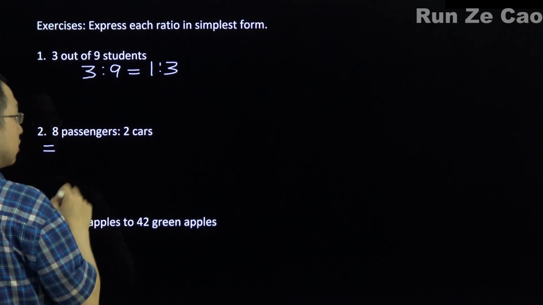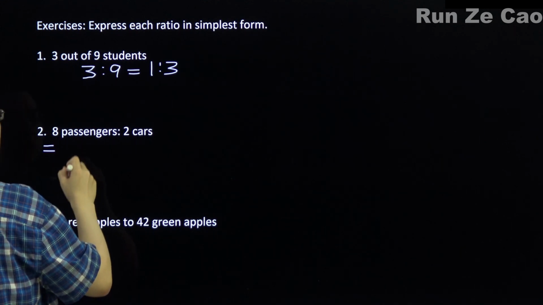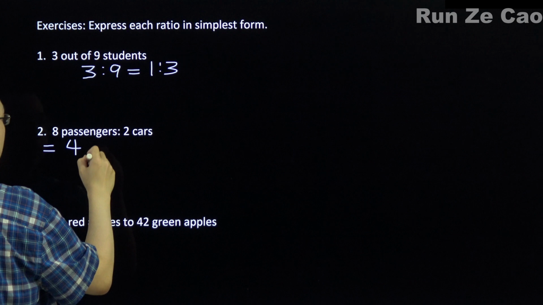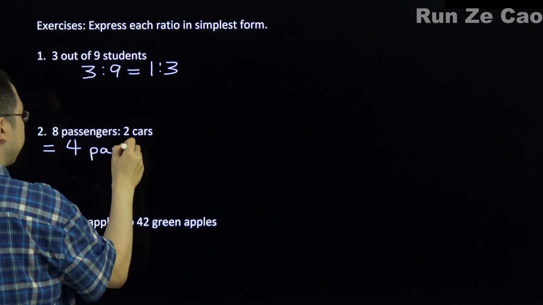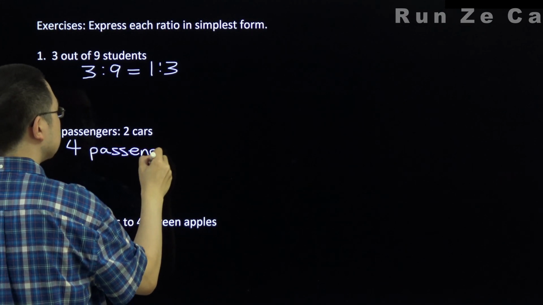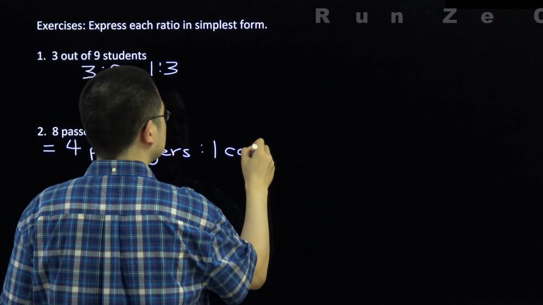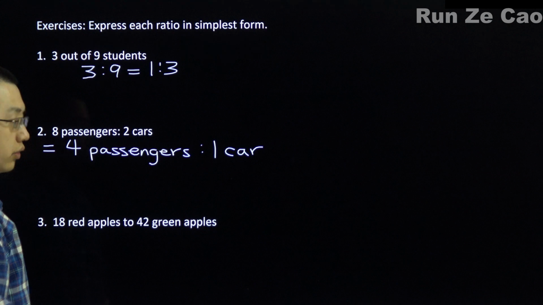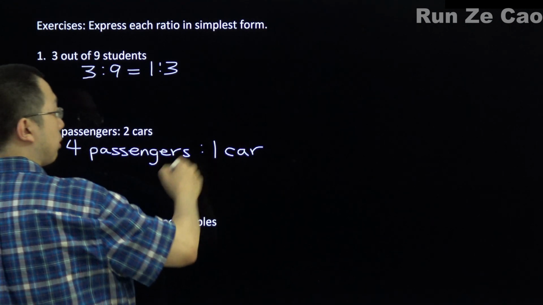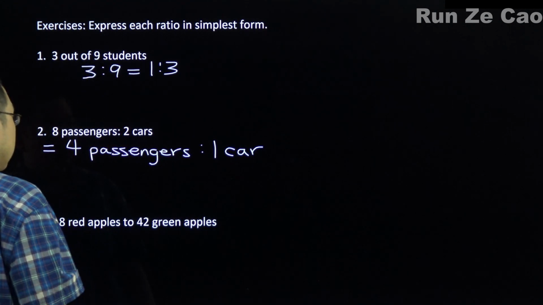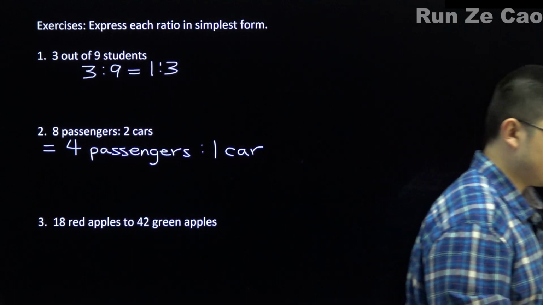But 8 passengers to 2 cars is equal to 4 passengers to 1 car. Or you could write 4 passengers per car if you want this to be a rate.